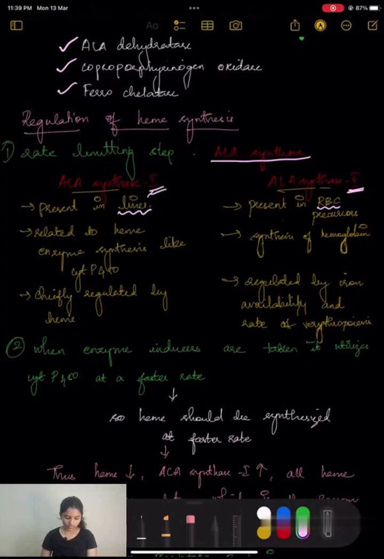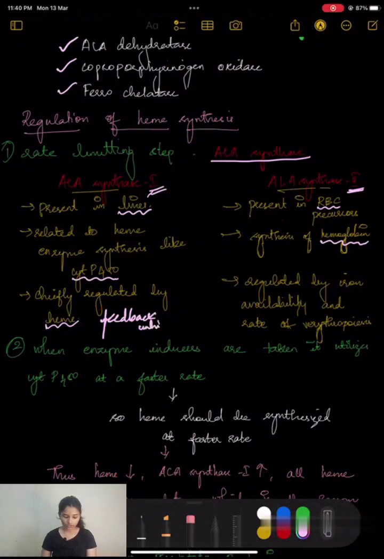ALA synthase 1 is related to heme enzyme synthesis like the cytochrome P450, and ALA synthase 2 is responsible for the synthesis of the hemoglobin. And this ALA synthase 1 is chiefly regulated by heme because it is feedback inhibited by the heme. Here it is regulated by the iron availability and the rate of erythropoiesis.